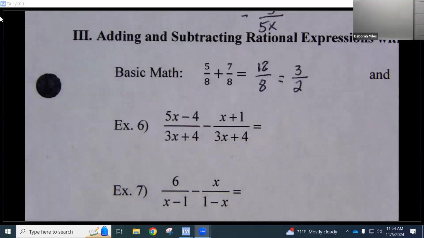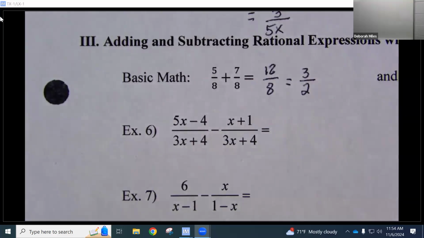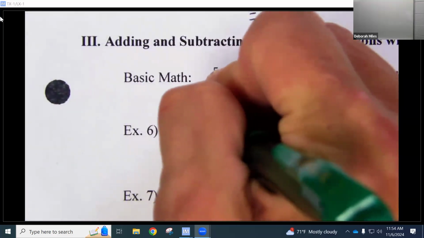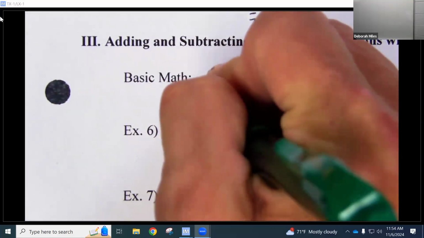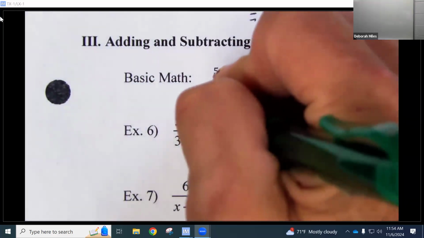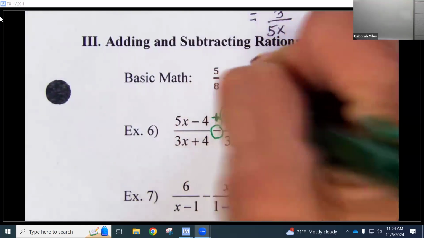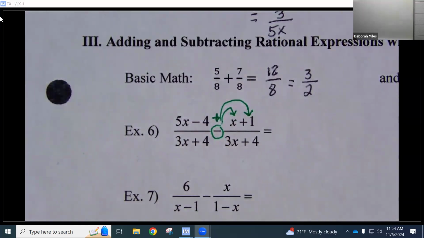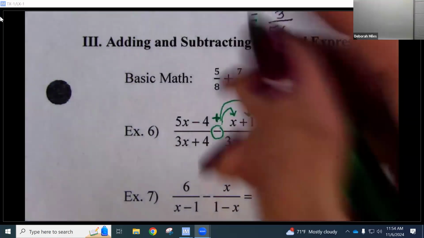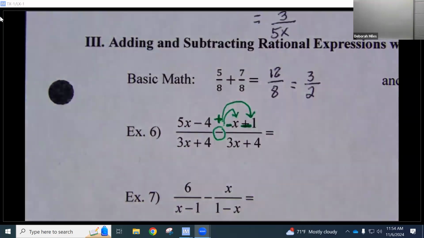So whenever you have a subtraction problem, a negative in front of a fraction, 99 times out of 100, you're going to change that to addition and distribute that negative to every term in the numerator. You're going to add negative x minus 1.